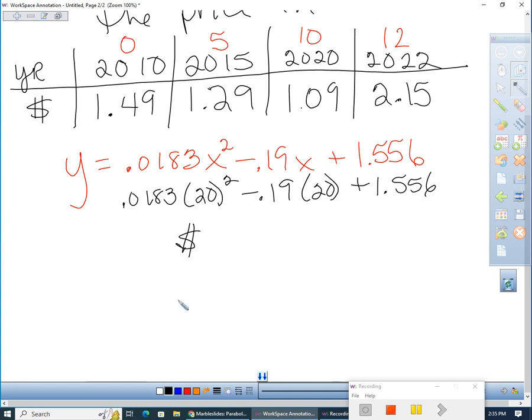No, that's not what I got. Did anybody else plug it in? 5.07, that's what I got. $5, and yeah, if you round up, it's going to be $5.08. So we use this to predict, right? That's the whole idea.